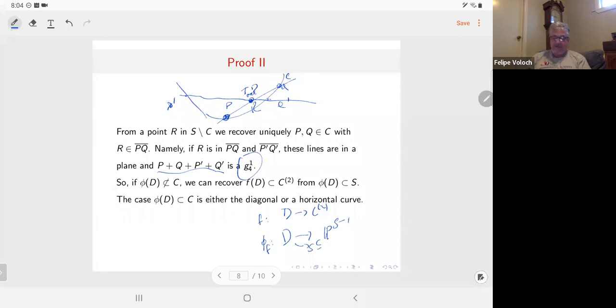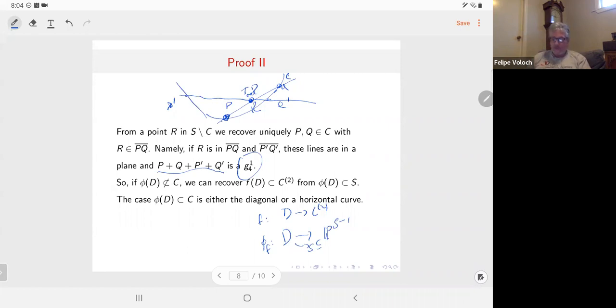This only works if R is not P or Q, right? My argument here was thinking of R as a point in the middle of the line, not one of the two endpoints. You have to be a little more careful if R is on one of the endpoints. That's why the theorem has this other hypothesis that I had to exclude horizontal curves.